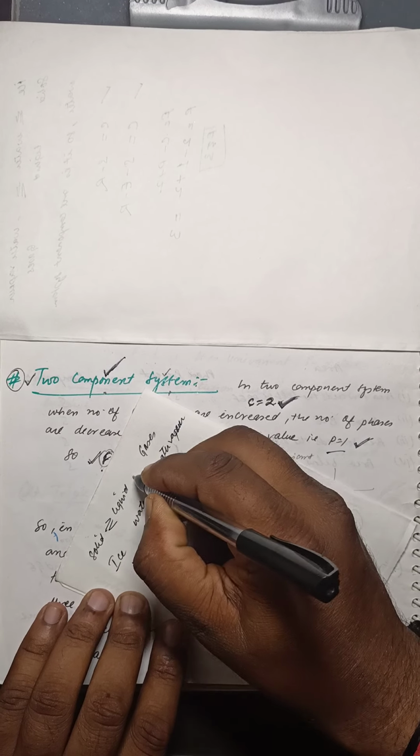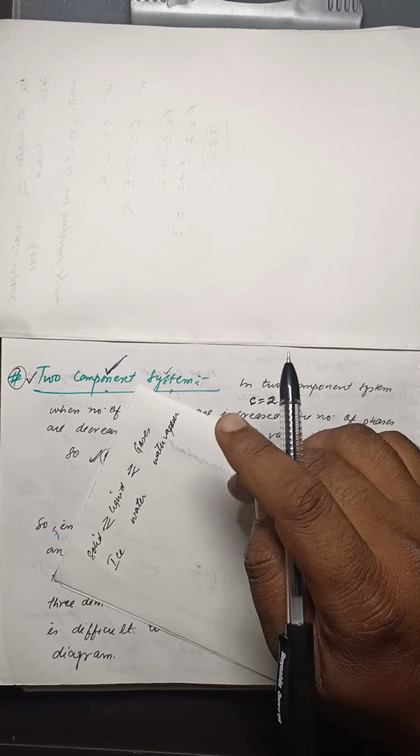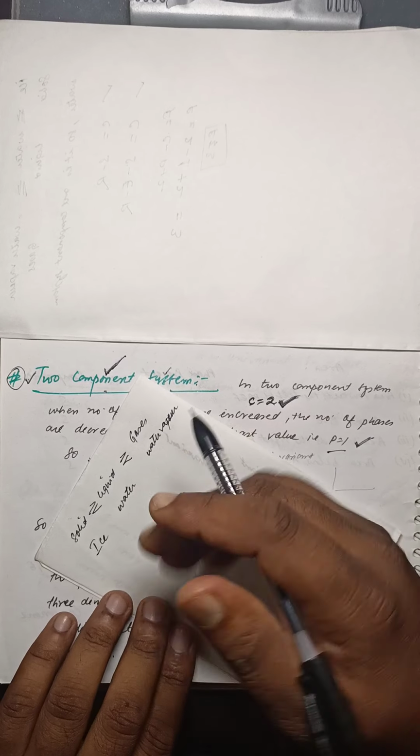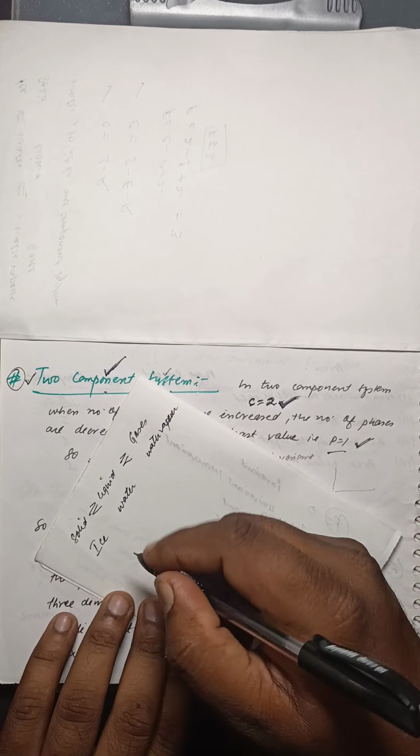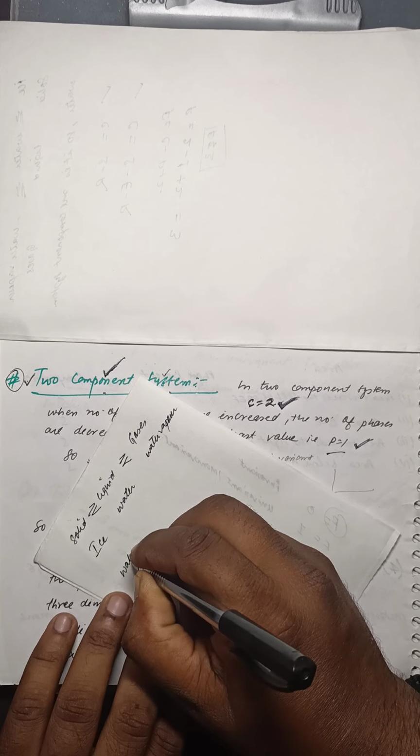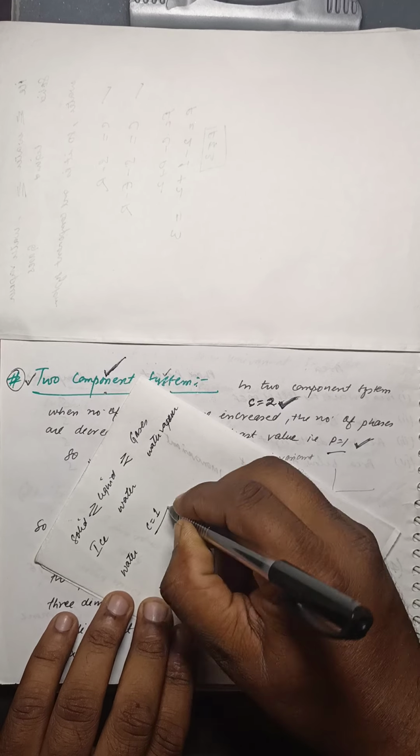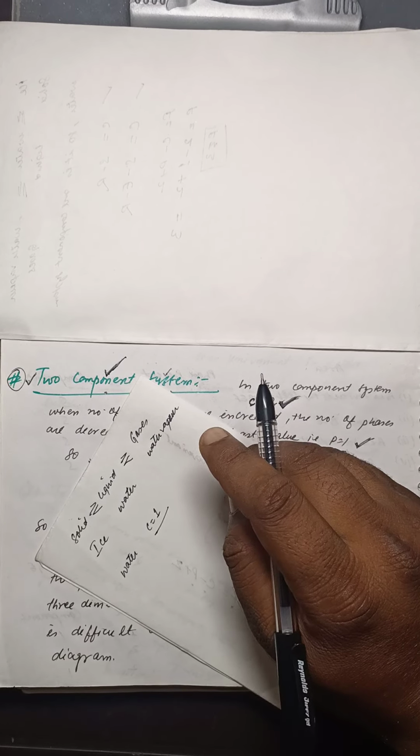They are all in equilibrium with three phases, but the composition of all the phases is only water. So water is a one component system. So C is equal to 1.